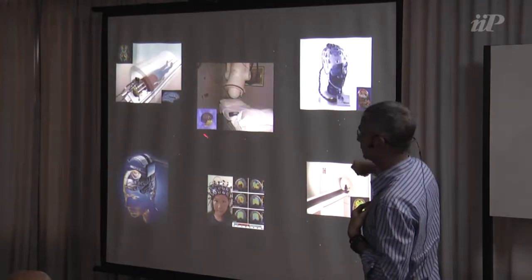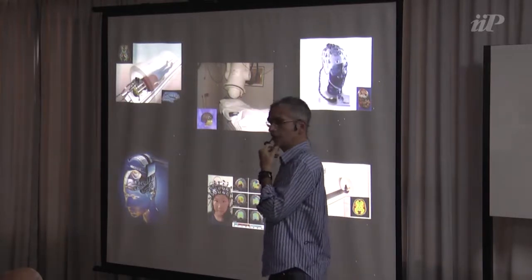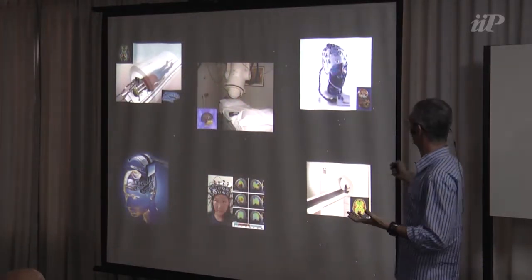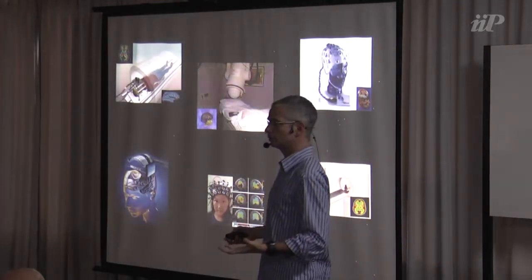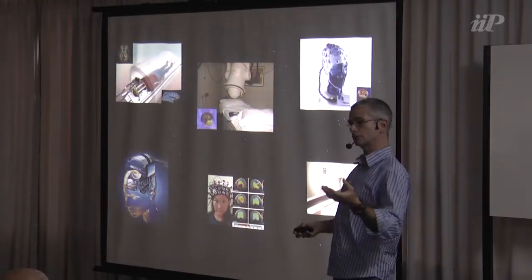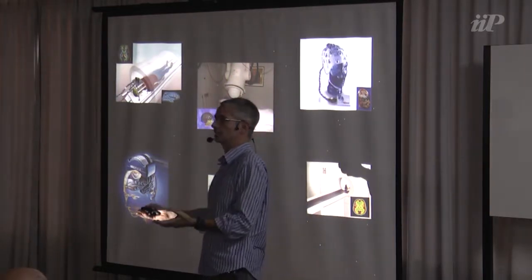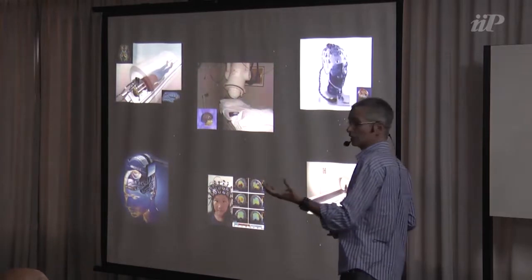In the middle here, we have MEG, magnetoencephalography. The idea behind MEG is basically the same idea that's behind EEG, but what you're detecting is the magnetic field that's produced by the varying electric field produced by the neurons. So basically, you're detecting the electrical activity of the neurons.